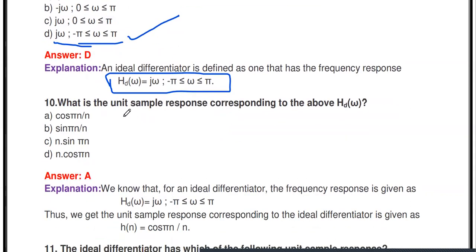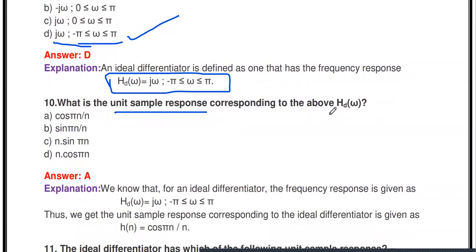Then the next question: what is the unit sample response corresponding to the above H_d(ω)? The unit sample response means h(n), the time domain sequence corresponding to this frequency response.